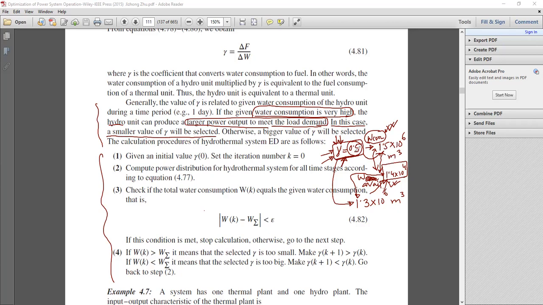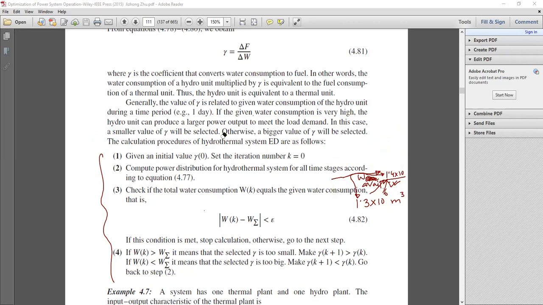Ultimately our target is to find such a gamma value which will almost balance out this water availability amount of 1.4 into 10 to the power 4 meter cube in this case, for example. So this is more or less what we are going to do.